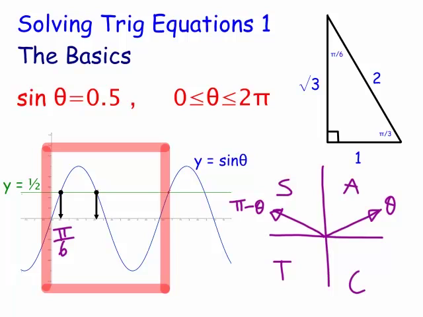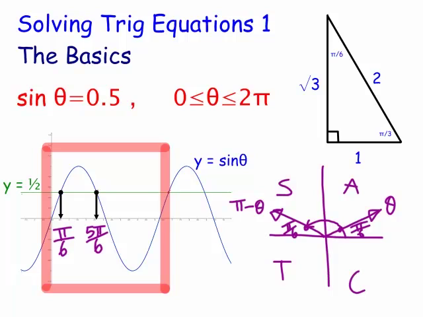If it's given in degrees, we should give our answers in degrees. So the first one we know is pi on 6. Then we come around again to this one, which is pi minus pi on 6, which is 5 pi on 6.